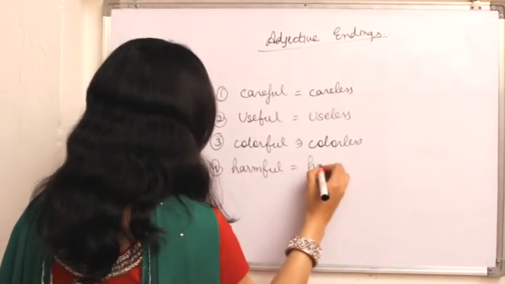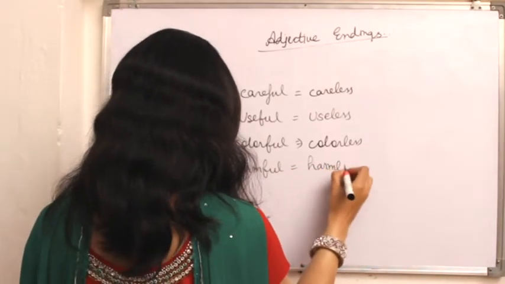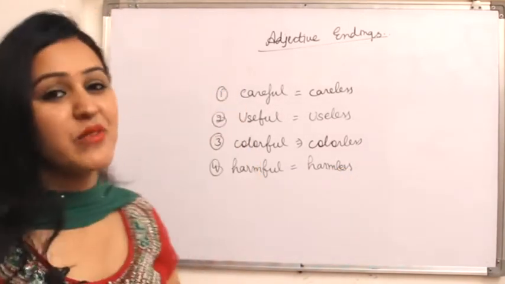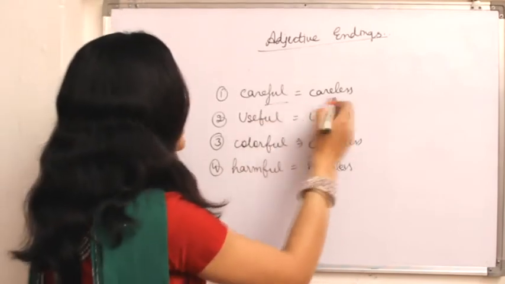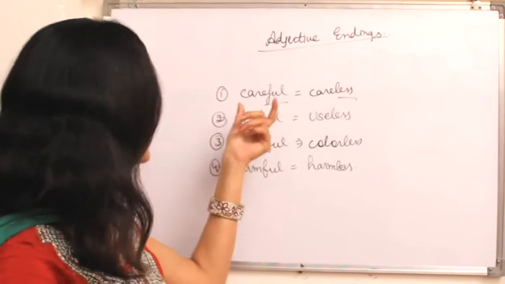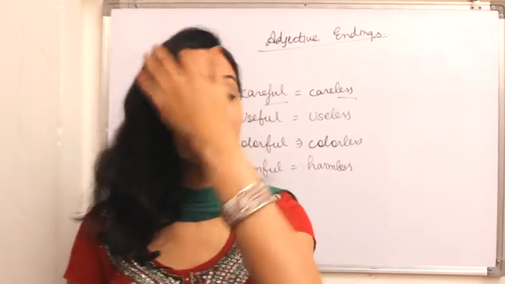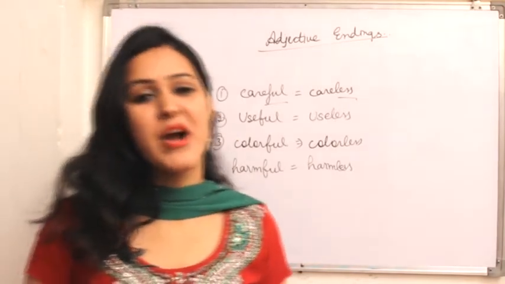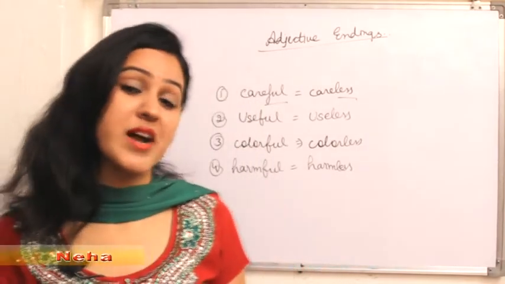That stands for harmless. Okay, so this is about adjective endings, and here I utilize full and less. When we're talking about careful, what is the exact opposite of careful? It is careless. Okay, so I hope you understand all these facts very clearly.